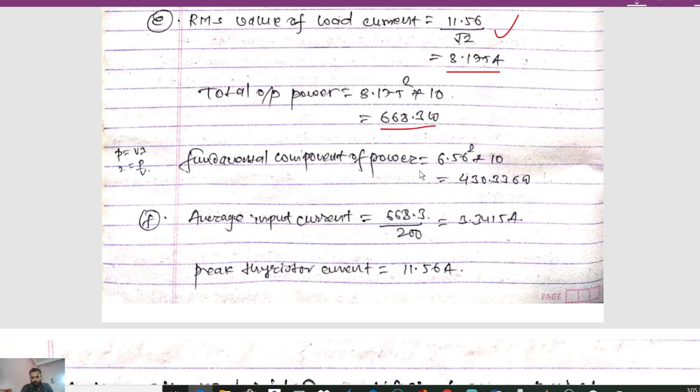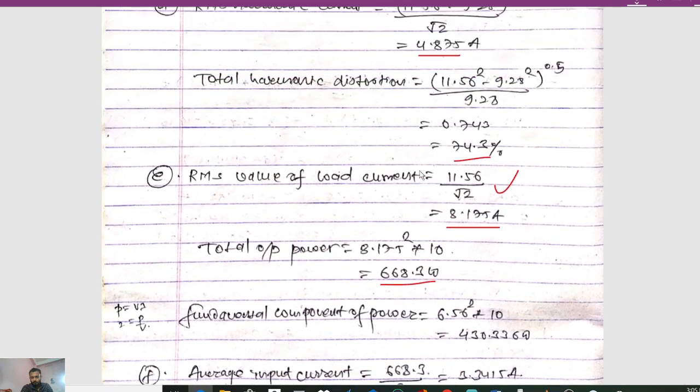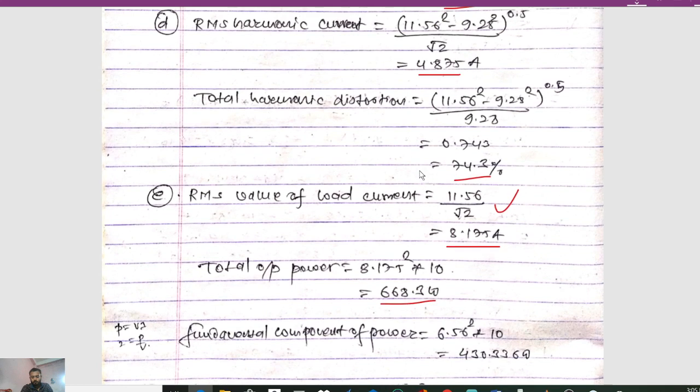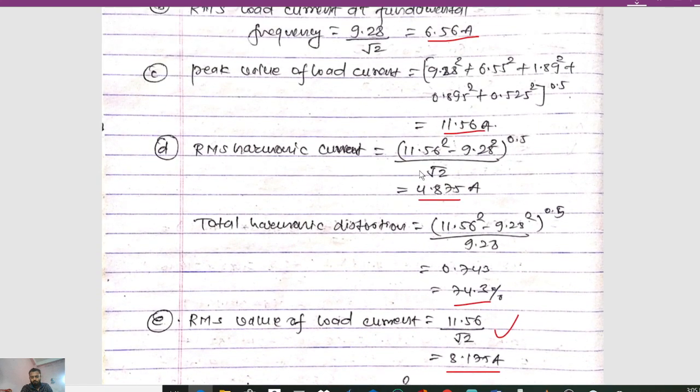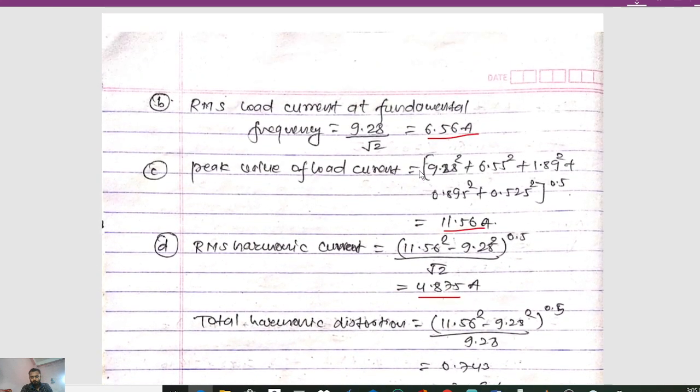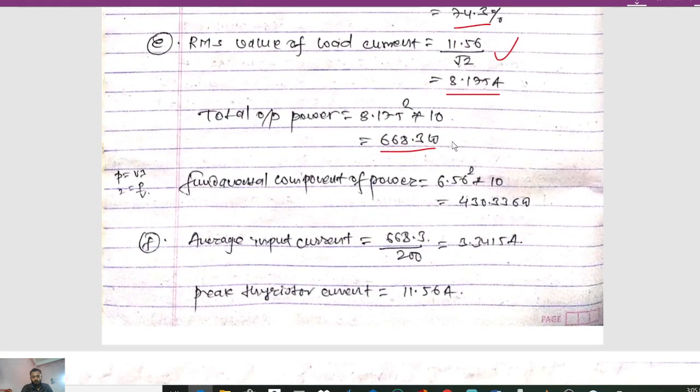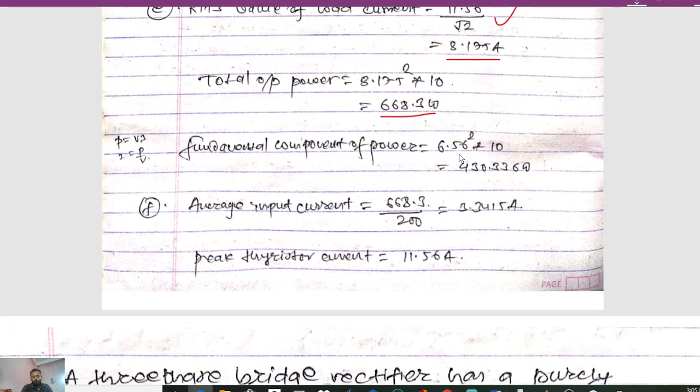And the fundamental component of power will be here. For the fundamental component, here we have the RMS value of load current at fundamental given as 6.56. So the fundamental component of power will be 6.56 square into R, and the value of R is again 10 ohms.